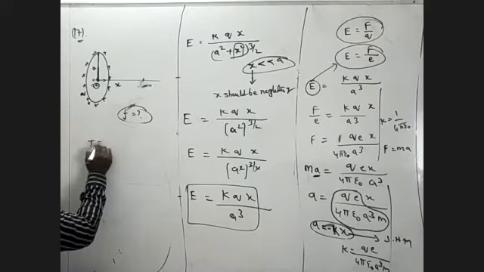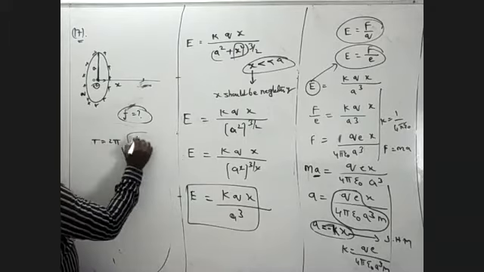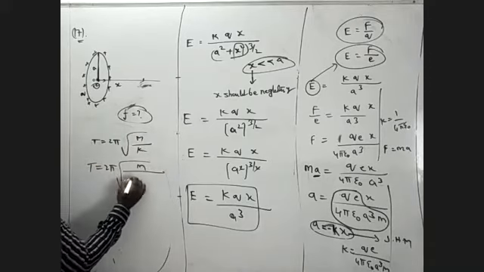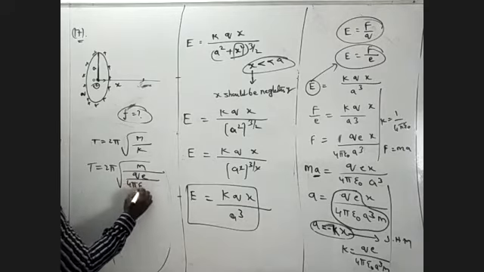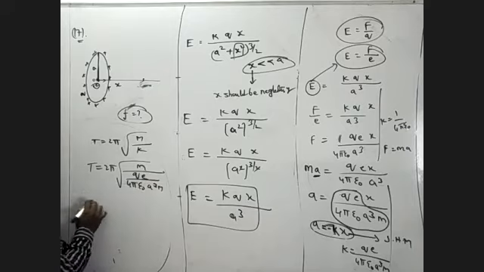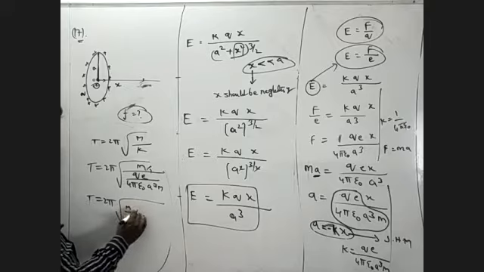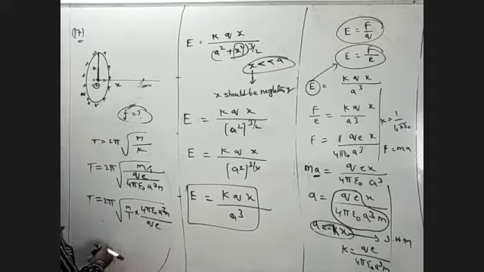We know T is equal to 2 pi root of m by k. What is the value of k? k is Qq by 4 pi epsilon naught a cube m. So now T is equal to 2 pi root of m into 4 pi epsilon naught a cube m by Qq.